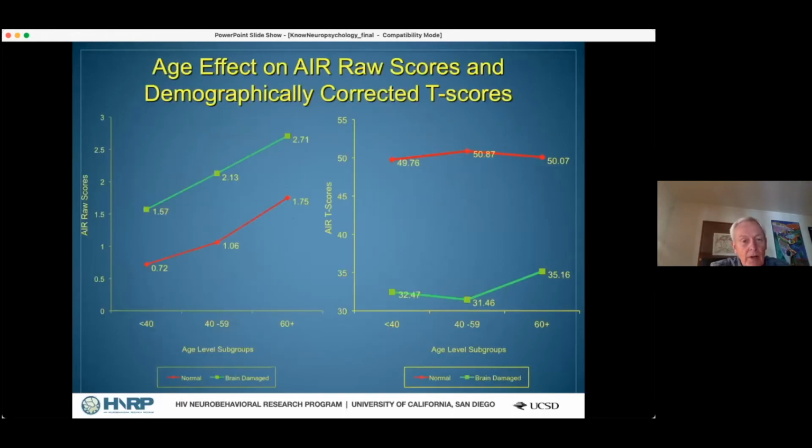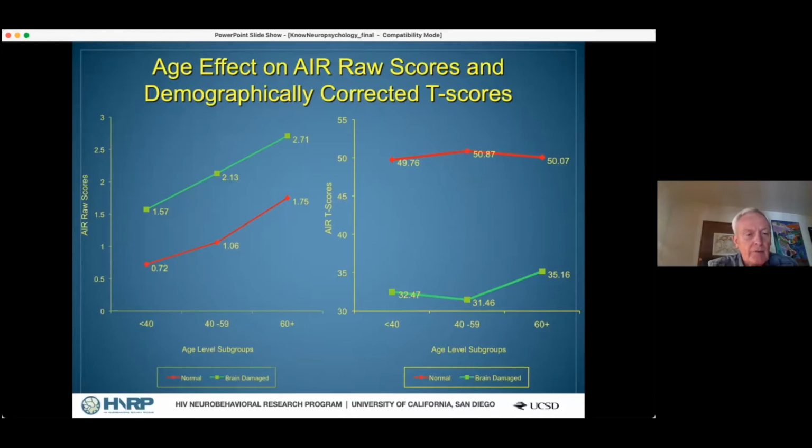So here we have, in the red lines, the normative sample, and it's divided into 3 age groups: less than 40, 40 to 59, and 60 plus. And for green, we have 390 people with documented structural brain lesions with imaging and/or neurosurgical report.